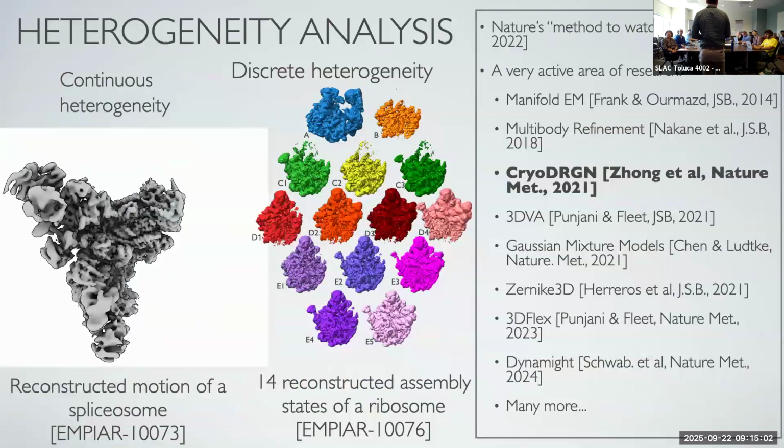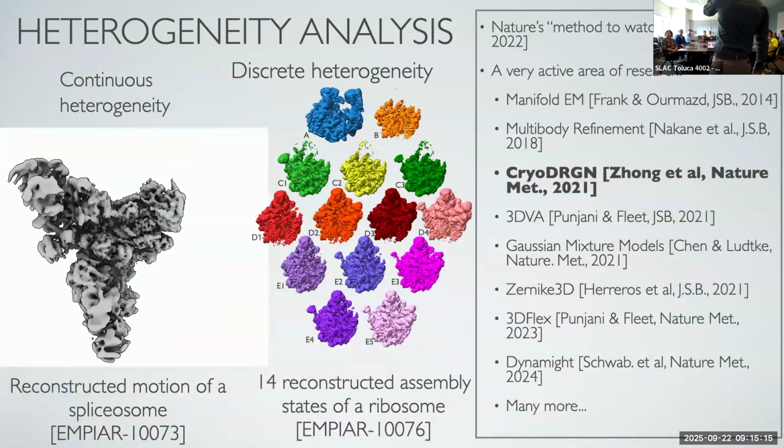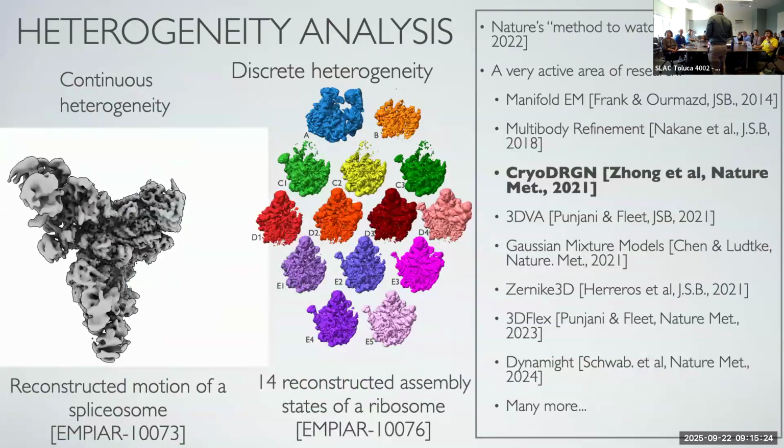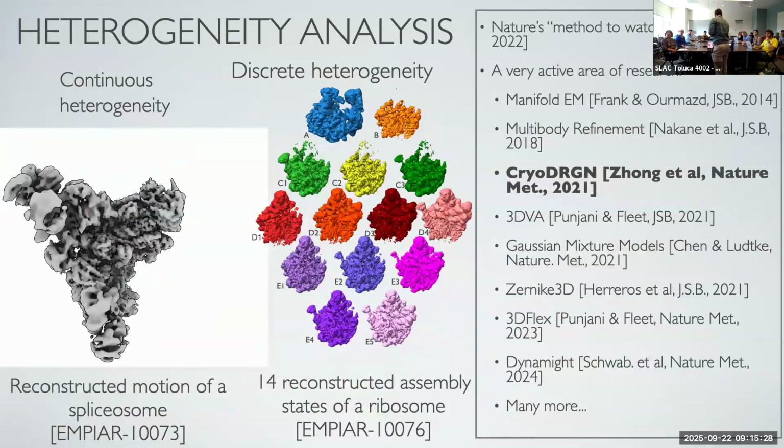This is a very popular topic in the Cryo-EM literature these days. There have been dozens of approaches and papers on it in the last few years. Some of them I highlighted, like CryoDRGN, which in my mind is the first one to use deep learning methods to solve this problem, and it has become a very popular topic now in the deep learning literature.